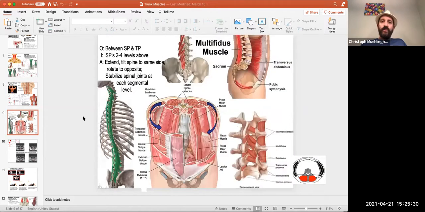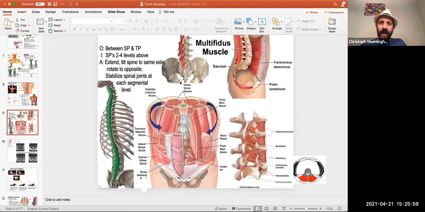But I put this multifidus muscle here because many of us have back pain at some point in their lives. And very often when we have back pain, this deep, deep, deep muscle that is not the erector spinae. See here, these are the erector spinae. And then these here, the quadratus lumborum, and the deep ones are the multifidei muscles.